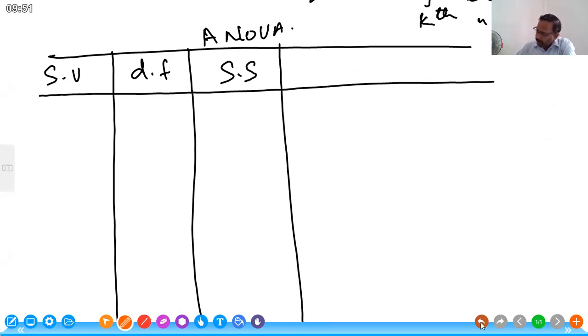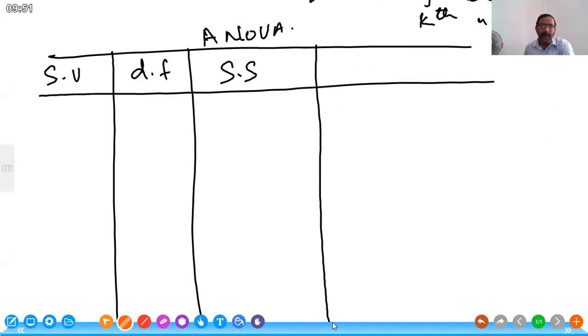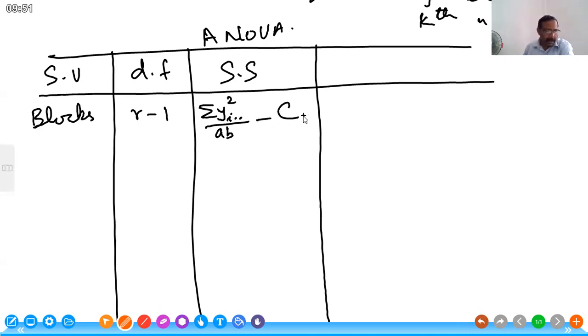Yes, we will go for the sums of square, then we will look at the mean square. Right, so as you all know, first one is block. Degrees of freedom is r minus 1, already I have defined. So summation y I dot square divided by AB minus the correction factor.